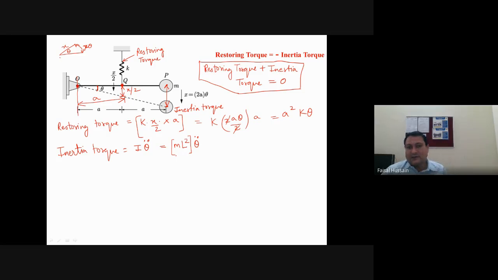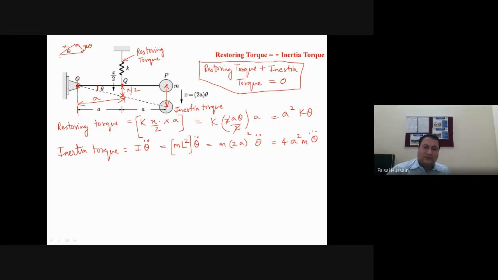Length is twice a. So instead of l, I can write twice a the whole square into theta double dot. So it will be 4 a square m theta double dot. So this is your inertia torque.